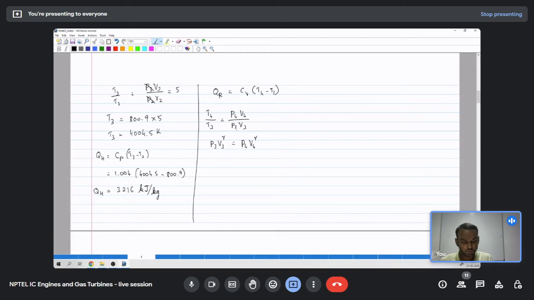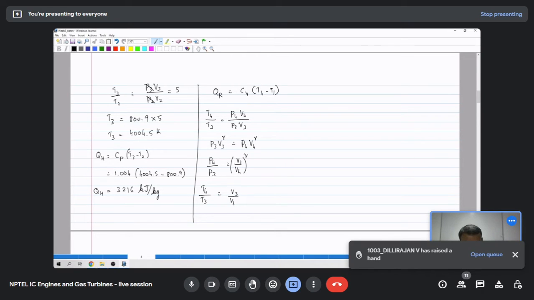So I don't know the pressure ratio, so I will write everything in terms of volume ratio. So then I have P4 by P3 as V3 by V4 power gamma. So then T4 by T3 will be V3 by V4 power gamma into V4 by V3.